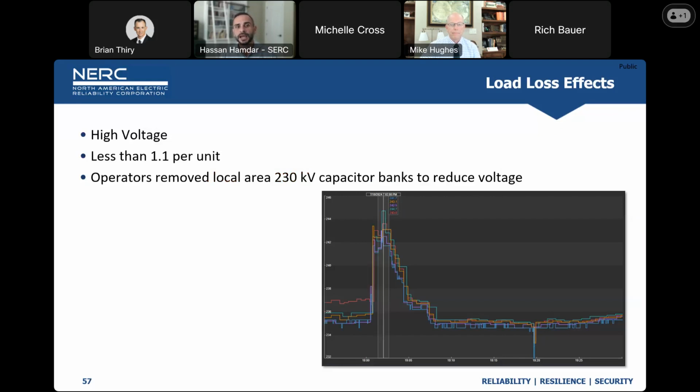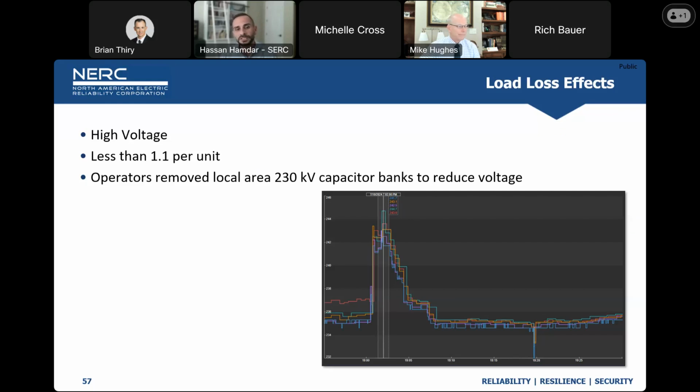At the same time, when we had a loss of load and high frequency, also coupled with that is high voltage, right? Because you have lower load, you have higher voltage. Low load, high generation creates high voltage.